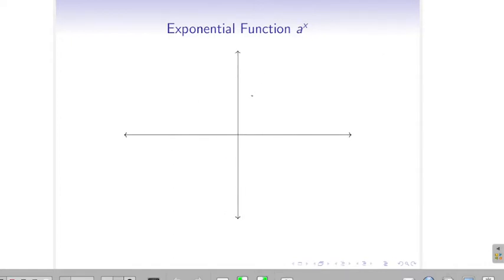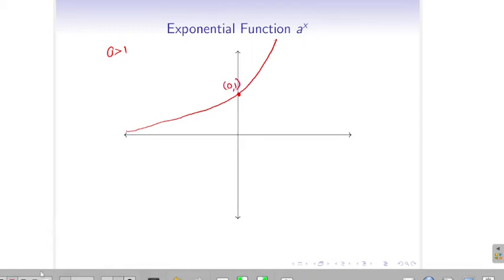Now about the exponential function. There are two types of cases. Let's say if this a is greater than 1, then the graph of this will be like this, and this point is 0, 1.